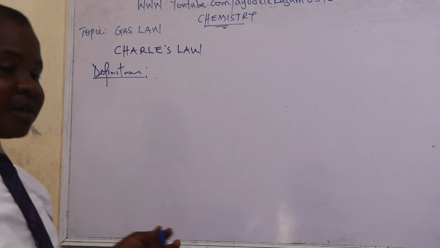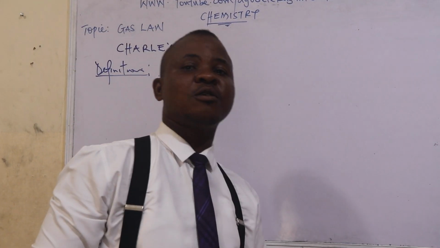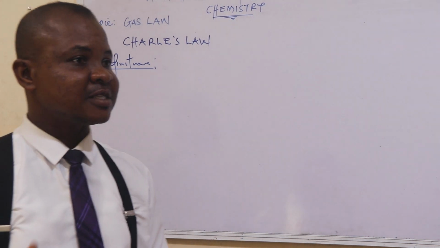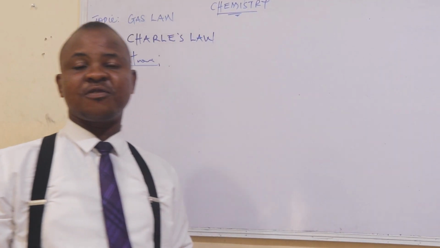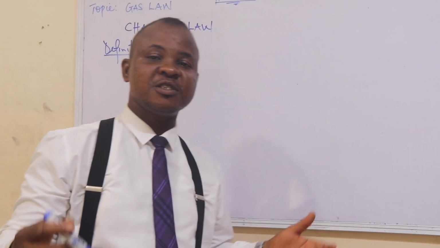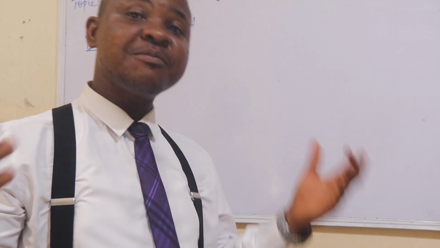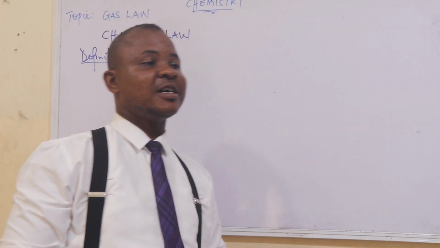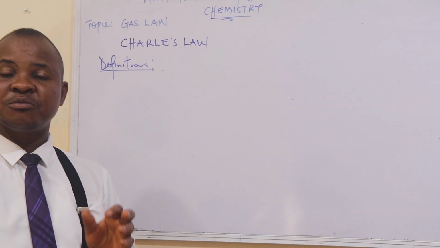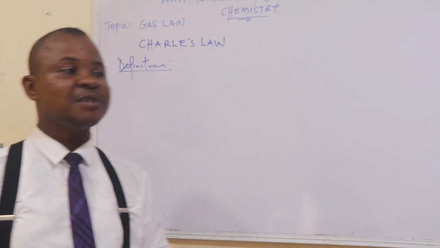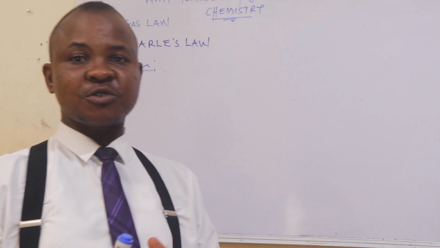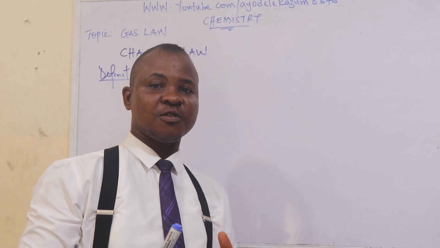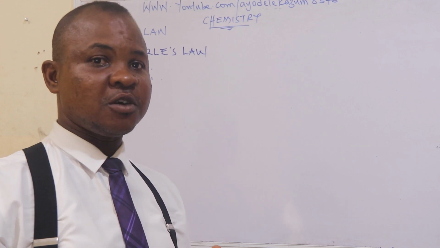We're looking at the definition of Charles law. We'll be looking at the mathematical expression of the gas law. We'll also be discussing the graphical representation of the gas law, and we'll be able to solve problems. These are what students or anybody that watches this video are expected to achieve at the end of this video. Okay, hope you are following.